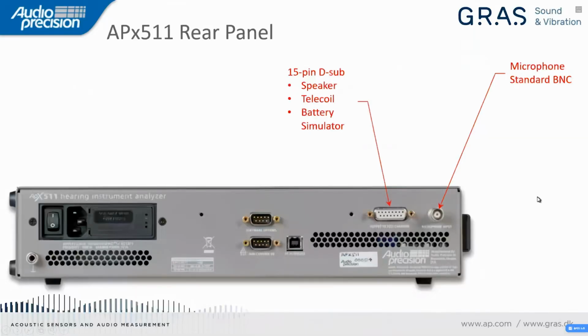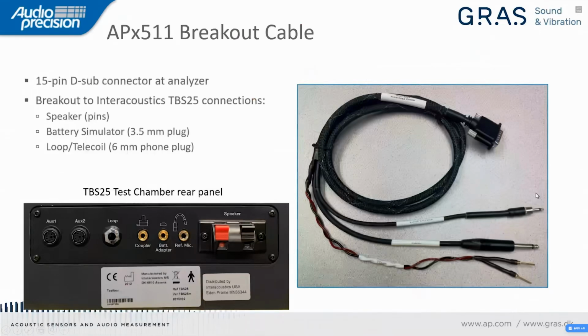We also provide this breakout cable with the analyzer. So this photo here at the bottom shows the back of the TBS 25 sound test chamber patch panel. And you can see the most important ones are the loudspeaker connections here. These are pin jacks like you would have on a consumer loudspeaker.